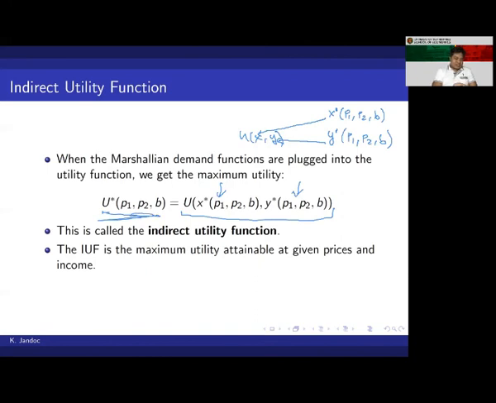Since x star and y star are utility maximizers, u star is the maximum utility that you can attain given prices P1, P2, and your income B.